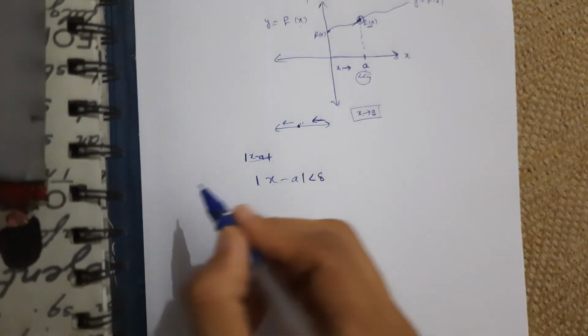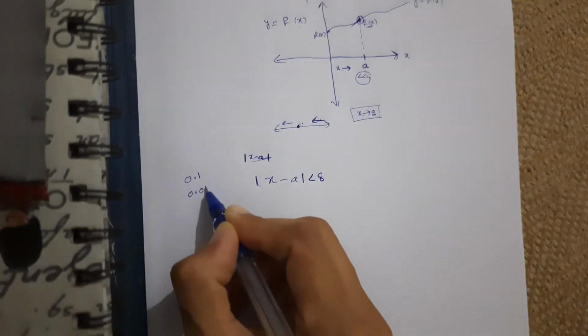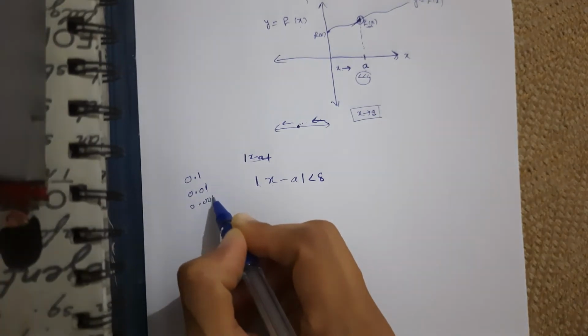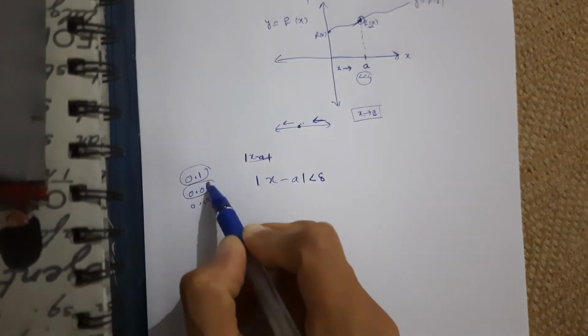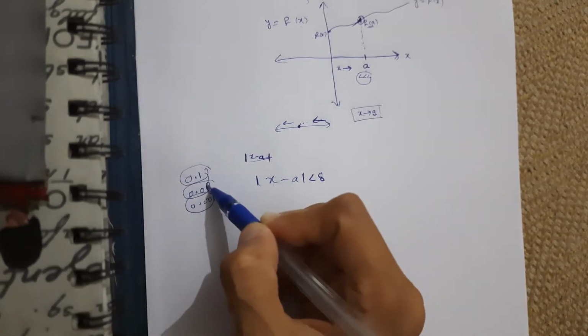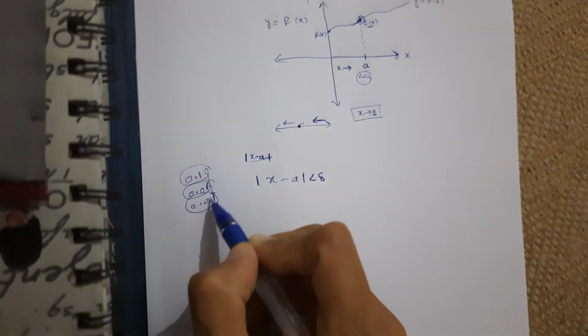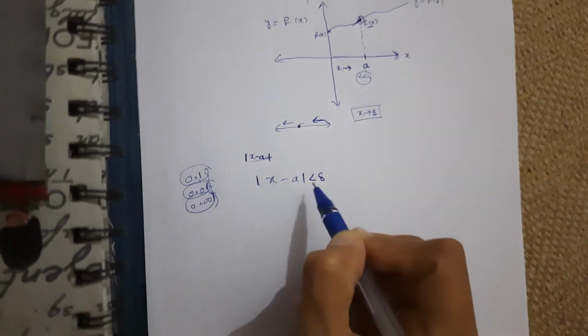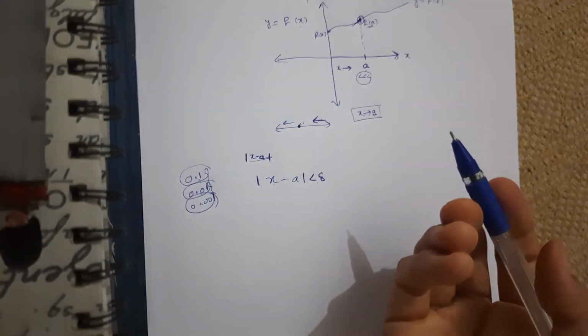So for example, delta is 0.1, 0.01, 0.001. This is a very small number, and as time passes this number becomes smaller and smaller. This is just an example. These values are not the exact value of delta. Delta is any small positive number.